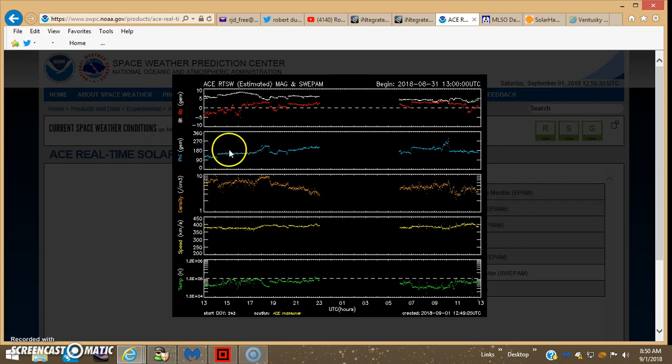Like I mentioned before, the phi angle indicates a direct interplanetary magnetic field connection between the Earth and the Sun. Supposedly that's the only thing we're supposed to be connected with ever. So at the 180-degree mark, that indicates a direct connection from the Sun to the Earth, which is pretty much normal.